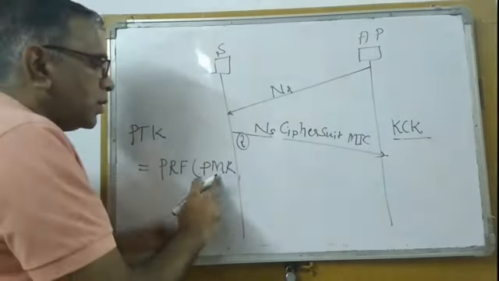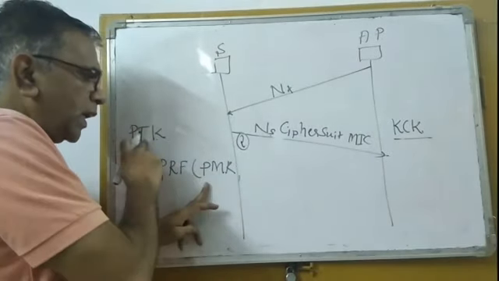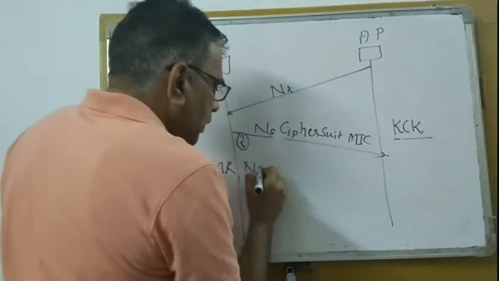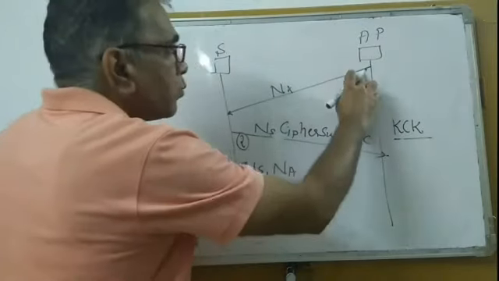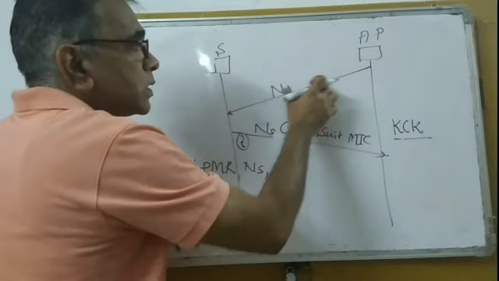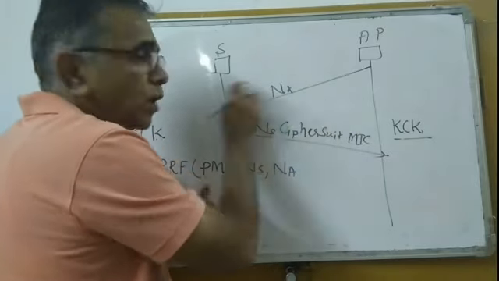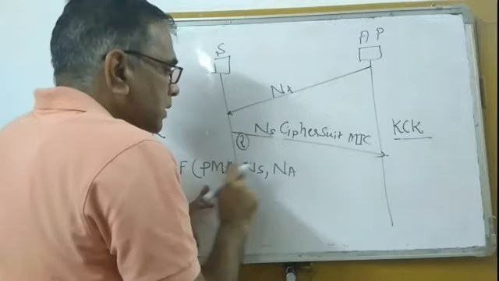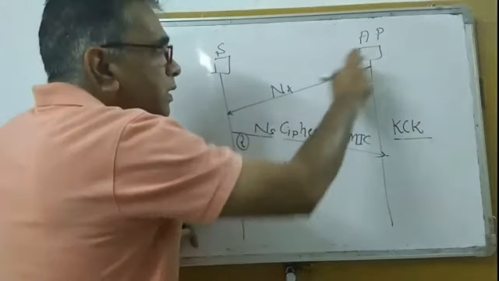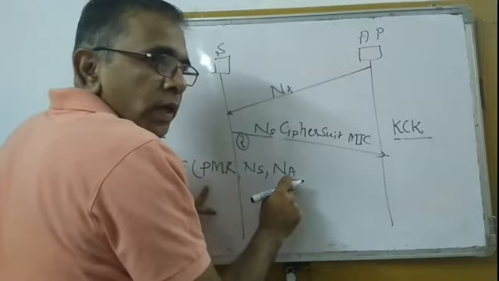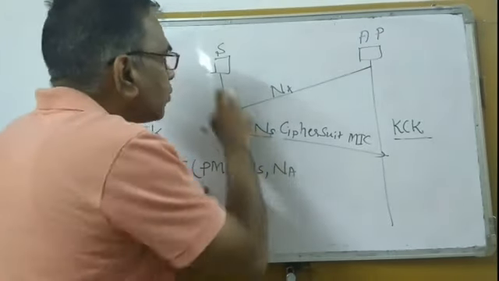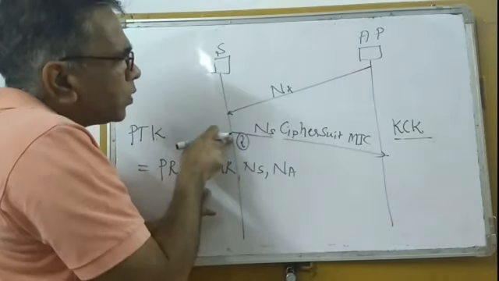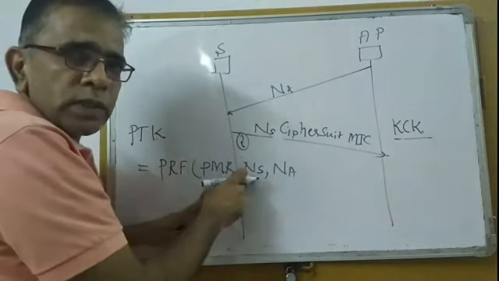Then the PTK generation is done with the help of PMK and with the help of NS and NA. The moment it conveys the nonce, some random number, when it passes it to the station, using that NA, that random number generated by the AP, that's why I am calling it NA. And this NS is generated by the station, so it is already known, and it uses it.